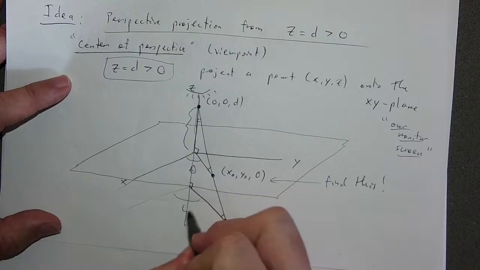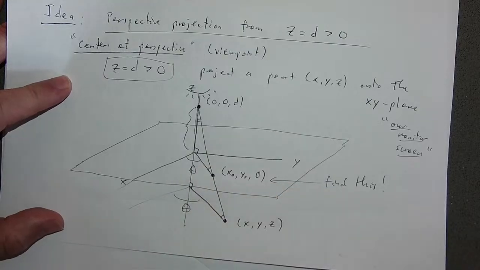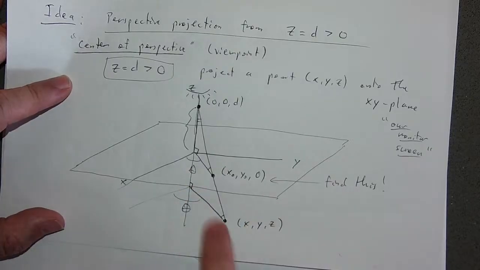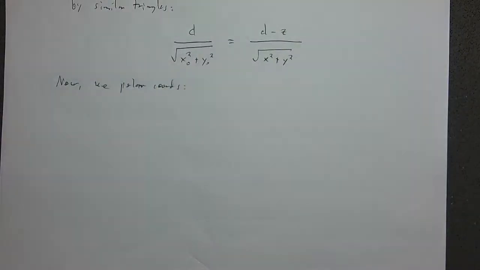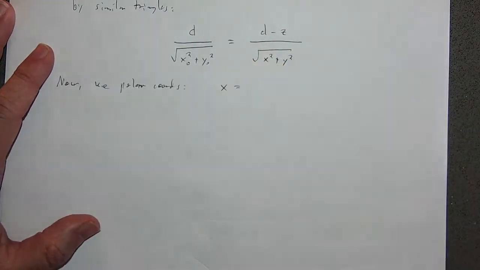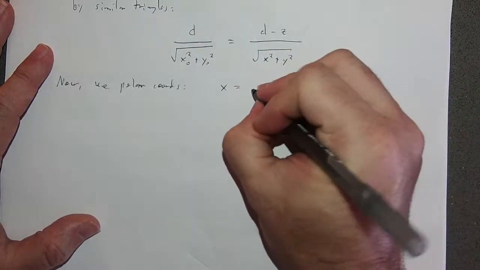This angle is theta in both cases, right? So I'm using polar coordinates here. They have the same theta angle. Both of these points, x naught, y naught, 0, and x, y, z, have the same theta.